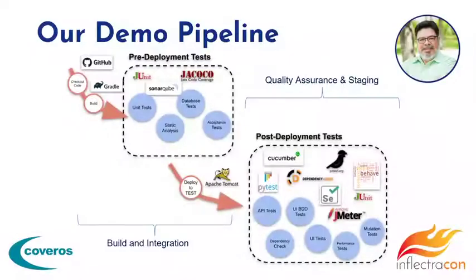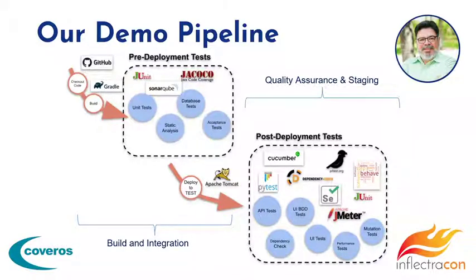Our pipelines leverage the use of different environments to achieve diverse quality purposes. As part of our demo pipeline today, for the build and integration stage, we check out the code and create a build.